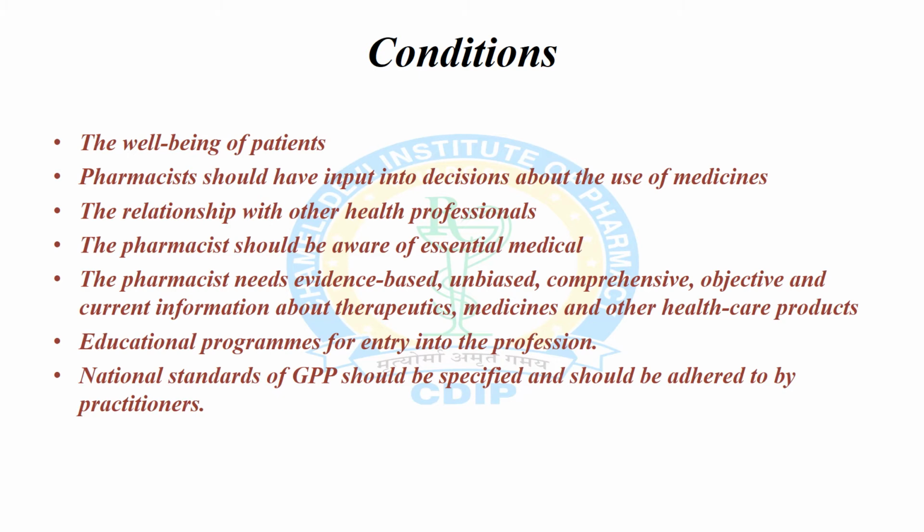Then, pharmacists in each practice setting should accept personal responsibility for maintaining and assessing their own competence throughout their professional working lives. Other than that, educational programs for entry into the profession should appropriately address both current and possible change in pharmacy practice, and the national standard of good pharmacy practice should be specified and should be adhered to by practitioners.